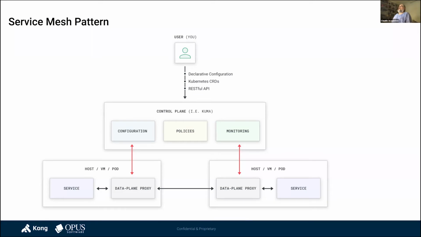So for instance, let's say you don't want microservice 1 to talk with microservice 2 anymore, just because. That would be a traffic permission policy, let's say. So you go to the control plane and describe this policy, saying microservice number 1 won't be able to talk with microservice 2 anymore.